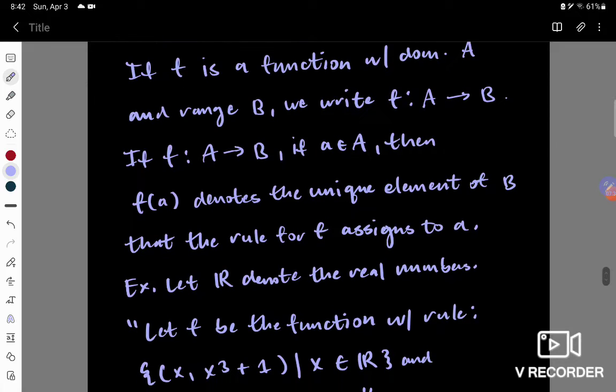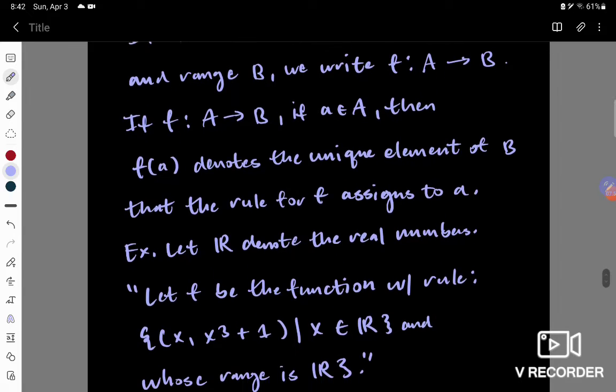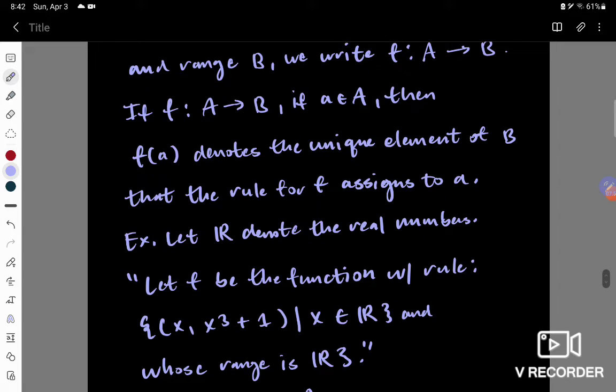Let's take an example of how to take this rule of assignment definition with containing range set, and how we translate it into this notation here, or something more familiar, easier to work with. We can say, let f be the function with this rule that maps like this. It takes x, and it has second coordinate x cubed plus 1, where x lies in the real numbers.